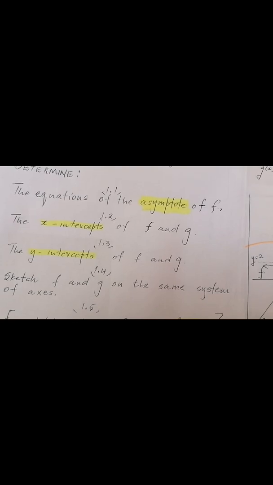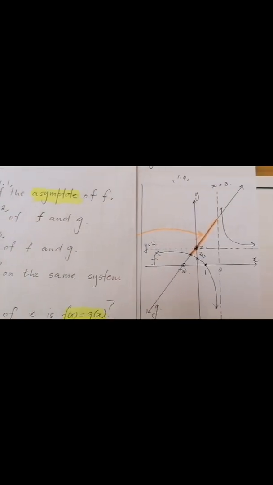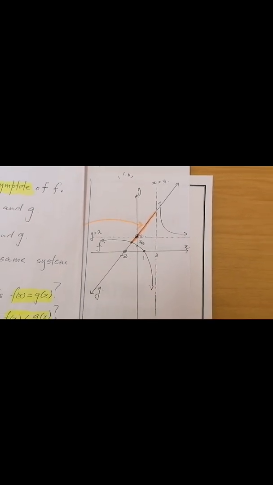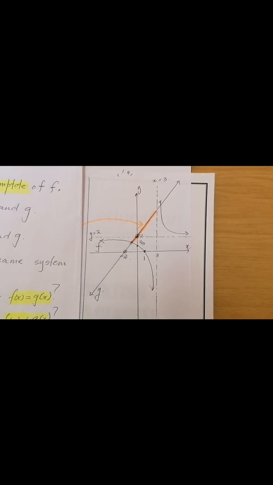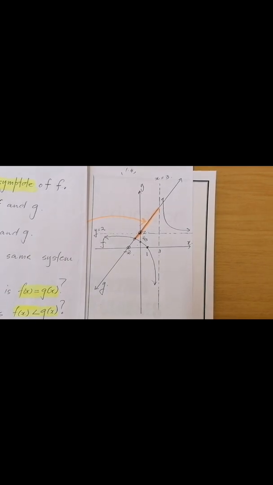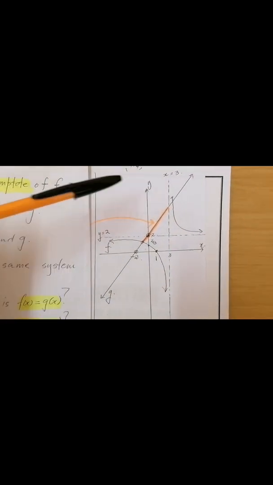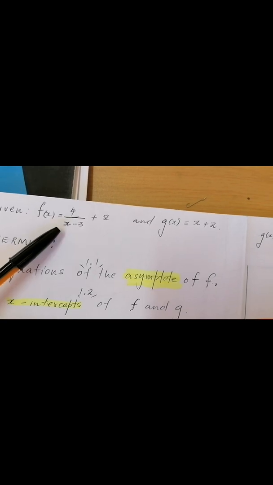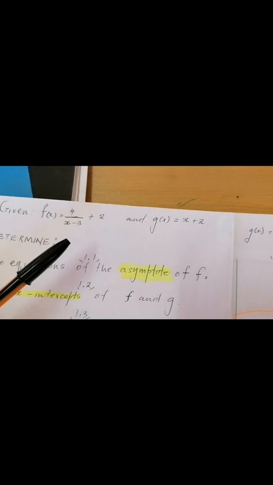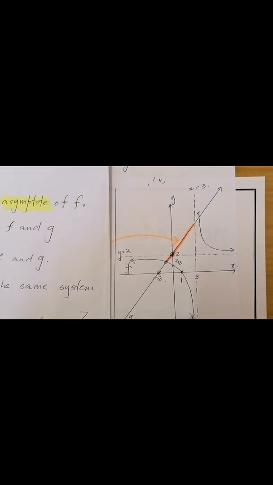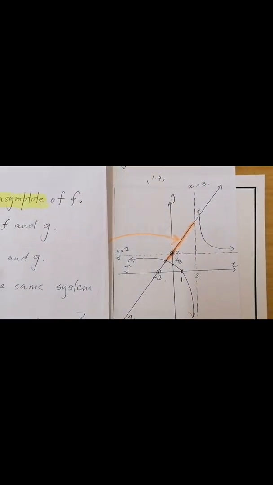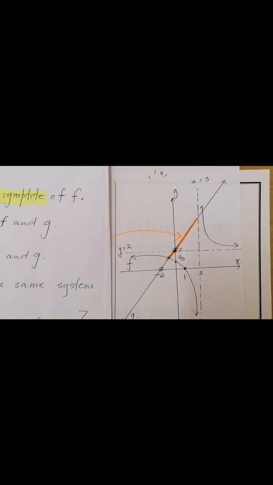Now, let us visit our graphs. You see now, I want to discuss all the concepts that we have been having before sketching. We said the vertical asymptote of this graph is x equals 3, meaning that x is not supposed to be 3. Now we go there at 3, we draw a vertical dotted line, which is known as an asymptote.